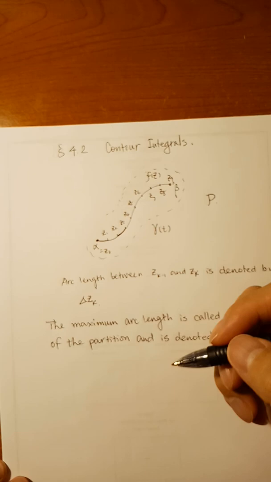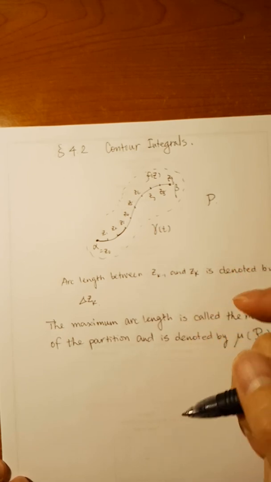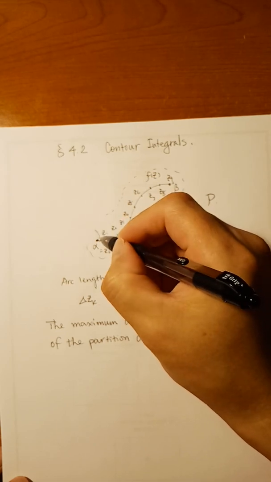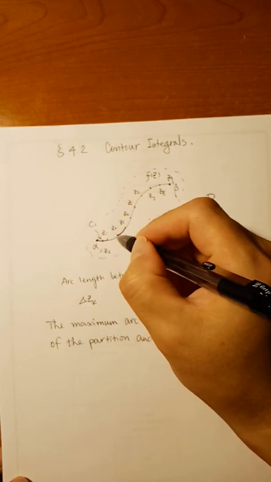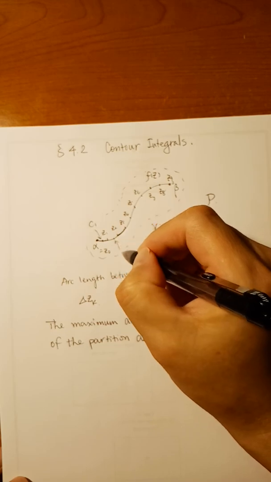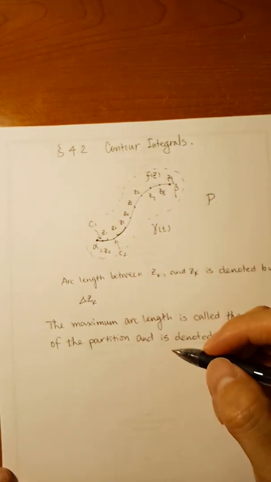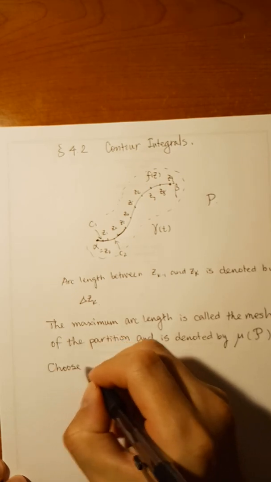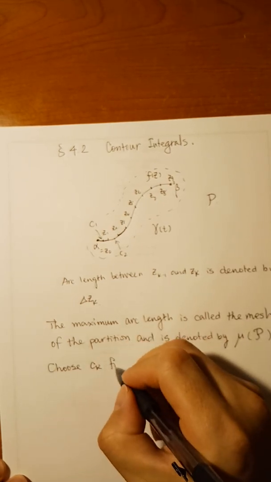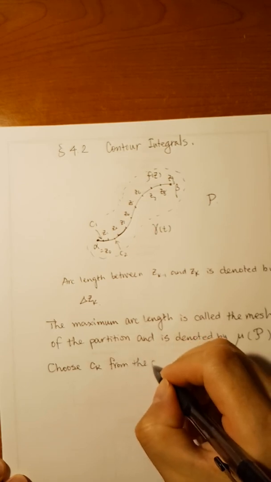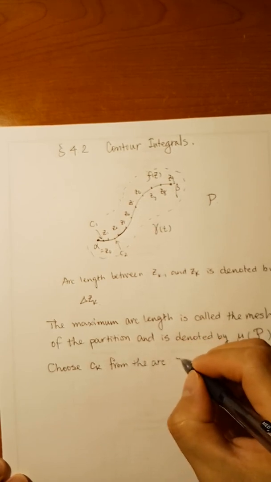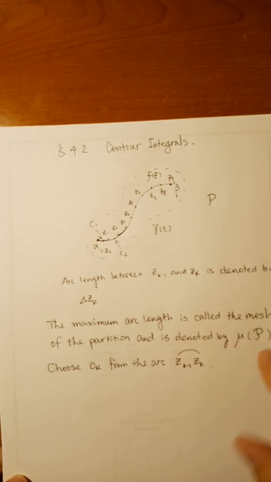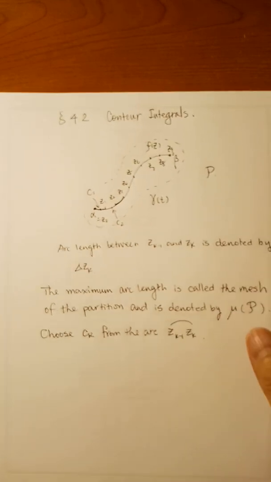As in the Riemann integral, you can pick a sample point from each sub-arc. So you possibly have c1 in the first sub-arc, c2 in the second sub-arc, and so on. And then we choose ck from the arc z(k-1), zk. So the arc, not the straight segment.